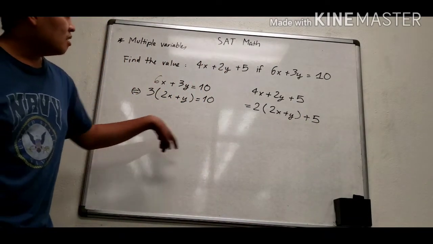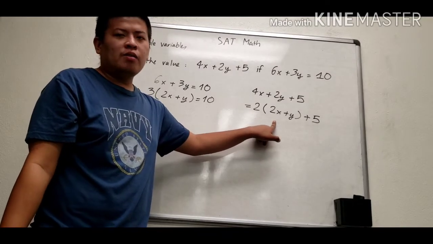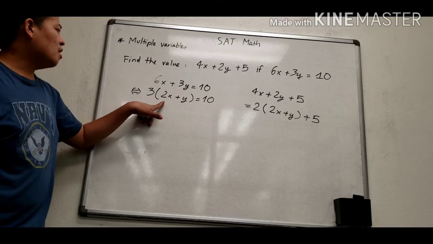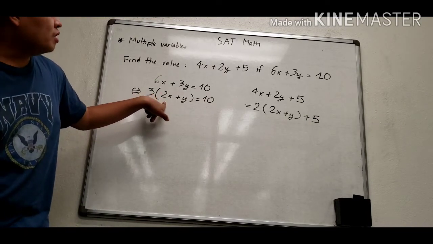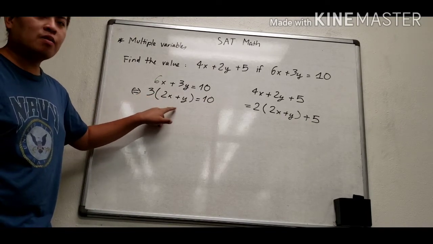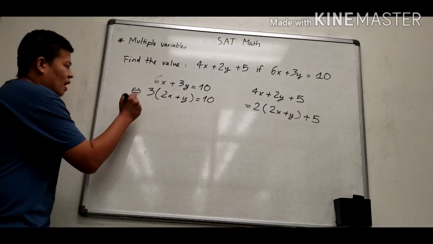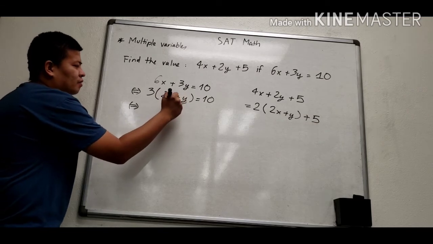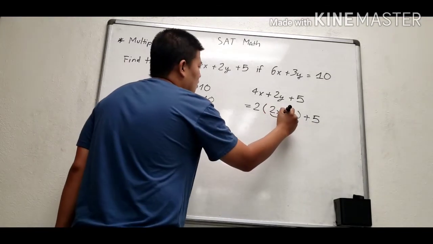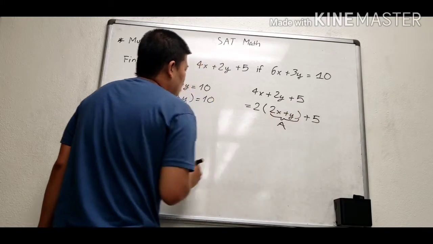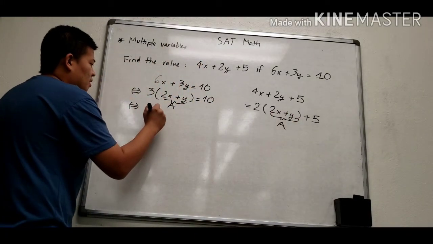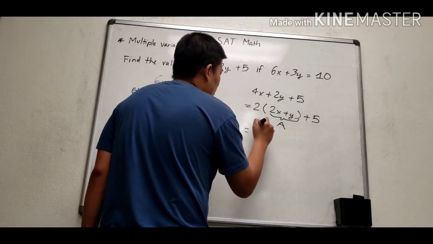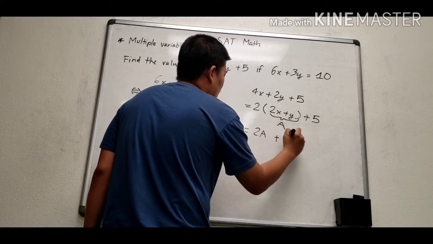You can see that in the equation we need to find, we have 2s plus y, and in the given equation, we have 2s plus y again. So we can put them in a, and we get 3a equal to 10, and in here we have 2a plus 5.